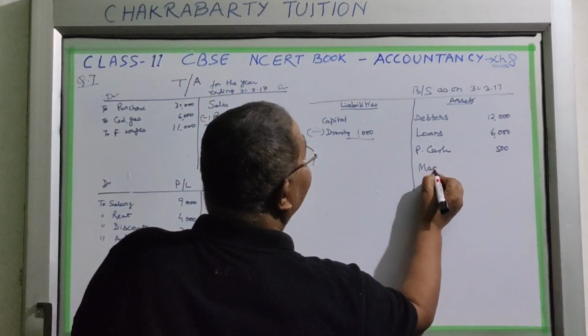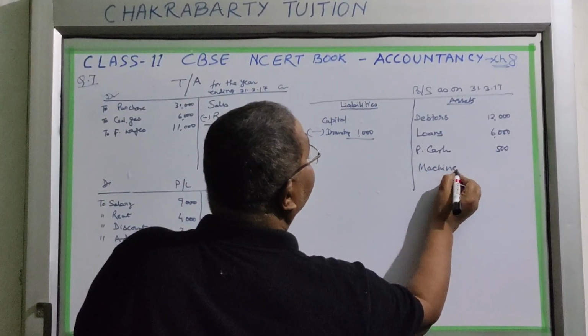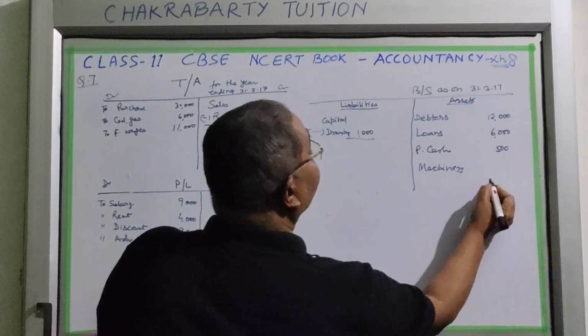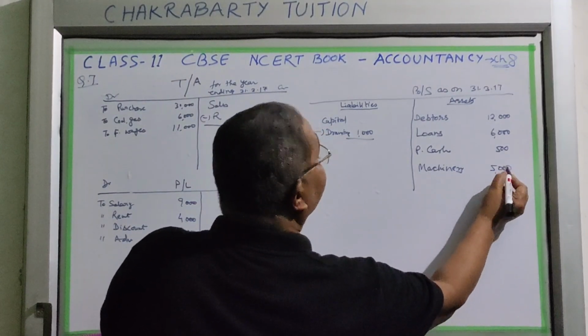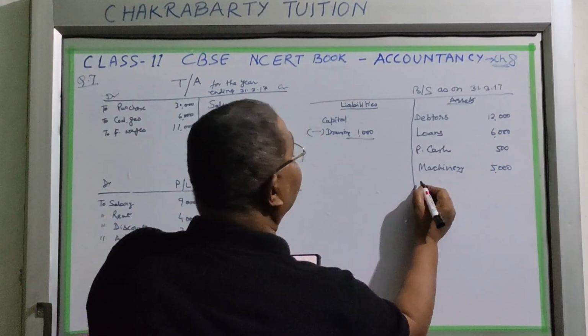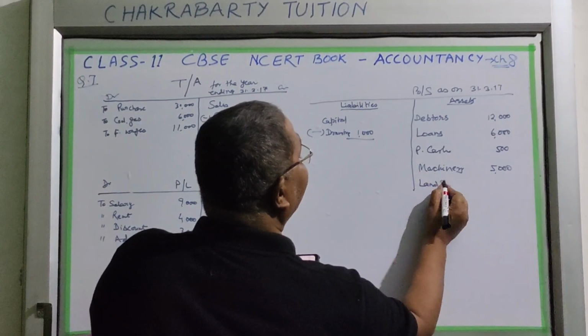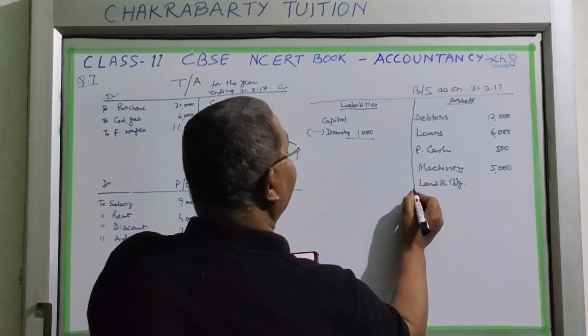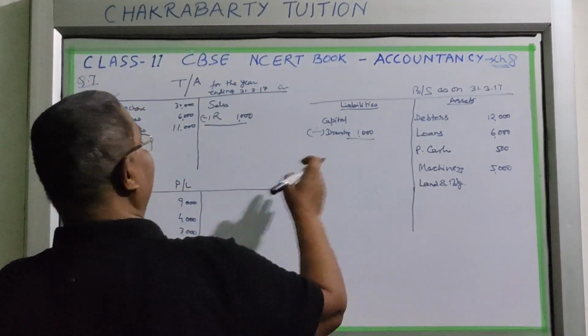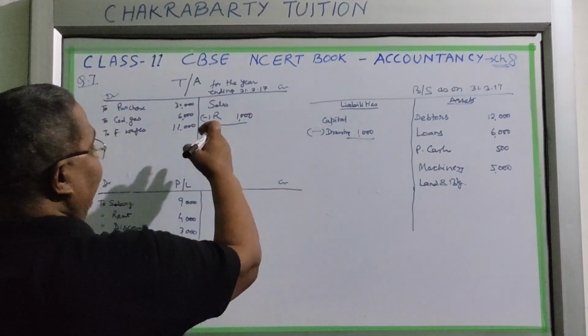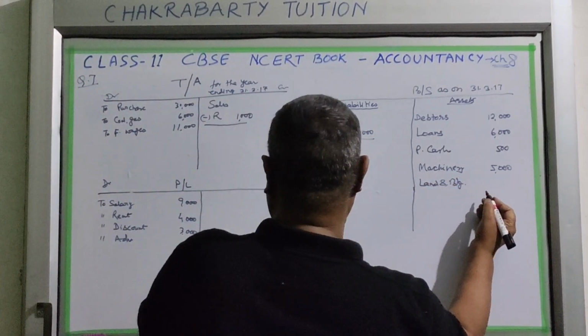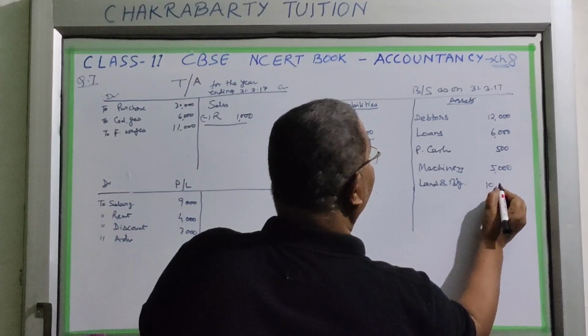Machinery is on the debit side, so it will come here. Very simple. Land and building is easy to make, no need to be afraid. Debit items go on the debit side, and if the side changes, you make a minus sign. That's all. Remember these two points and go on doing.